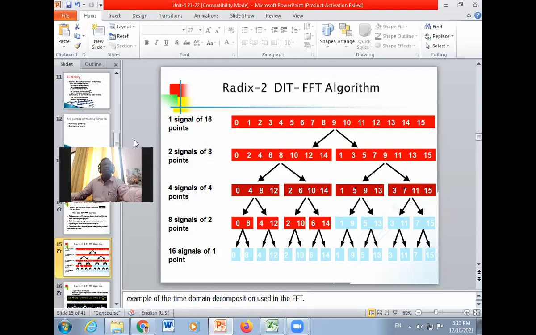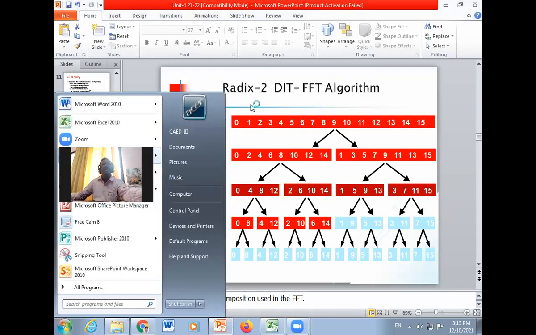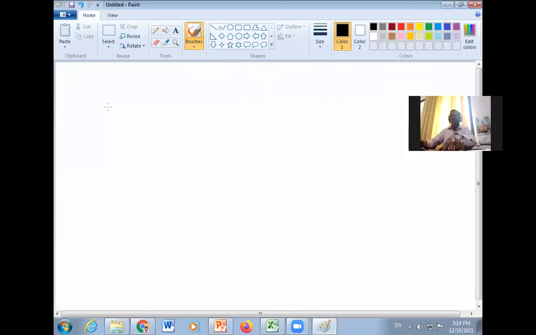Okay, so here, if I go to this part, let us understand what bit reversal order is. As we know, this is 0, 1, 2, 3, 4, 5, 6 and 7.